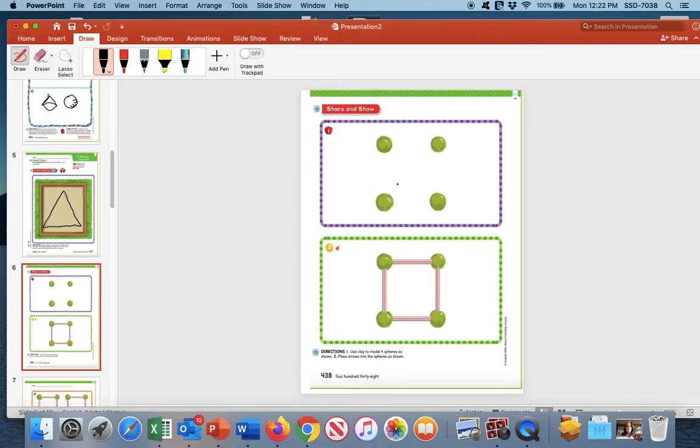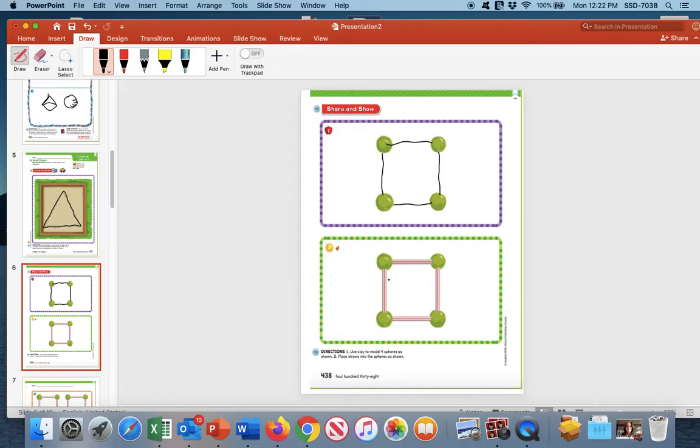We do not have clay now, but we are going to do the shapes as if we have clay and straws. So you can just take your crayon and connect this sphere to this one. Then come over here and come down and then across and then up. Just like down here. That's exactly what has been done down here.